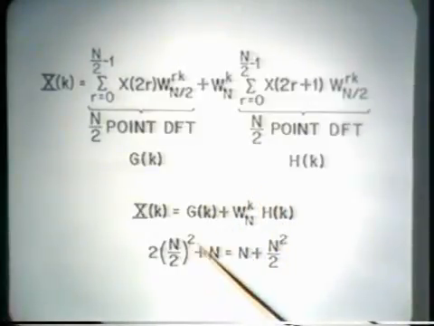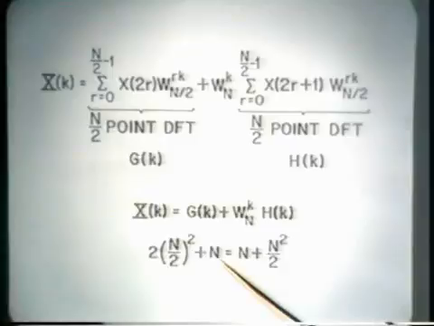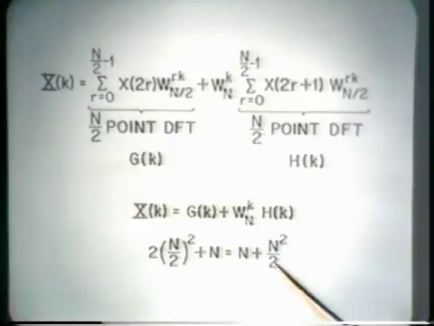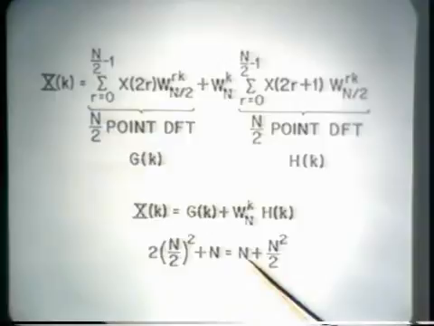So in addition to the computation of the two n over 2 point DFTs, we have the combination of them, and the resulting computation involves n plus n squared over 2 complex multiplies and adds. And you can convince yourself on the back of an envelope very quickly that this number will always turn out to be less than n squared, except I think for some trivial cases like n equals 1 or n equals 2.